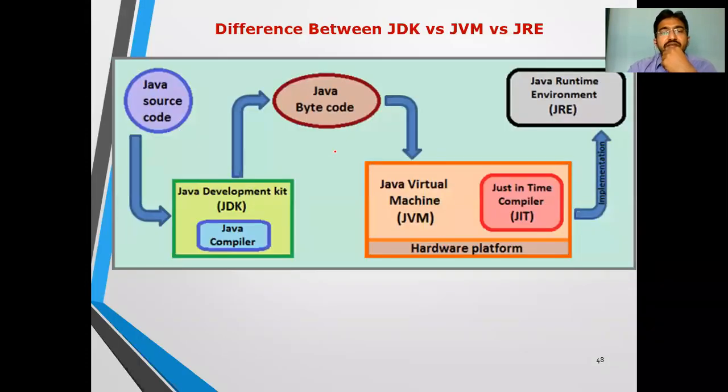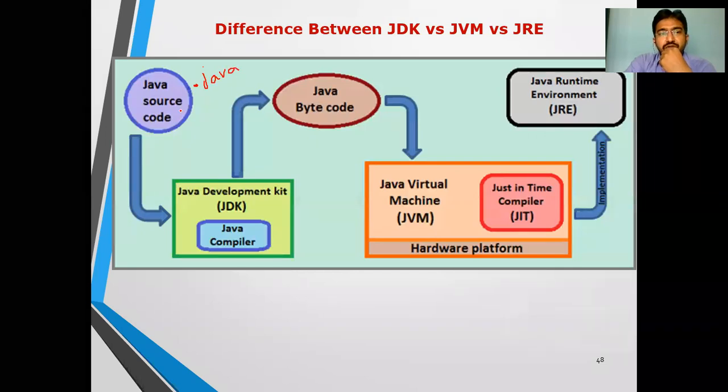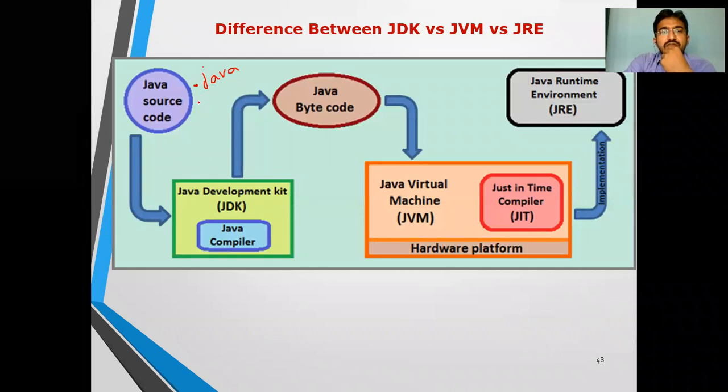For better understanding, I'm showing here the main difference between JDK, JVM, JRE. Overall, when you write a program, it has to be saved as .java. The extension of Java files is what? .java. That is called source code. Now you give this source code to the Java compiler. What is the name of the Java compiler? It is javac.